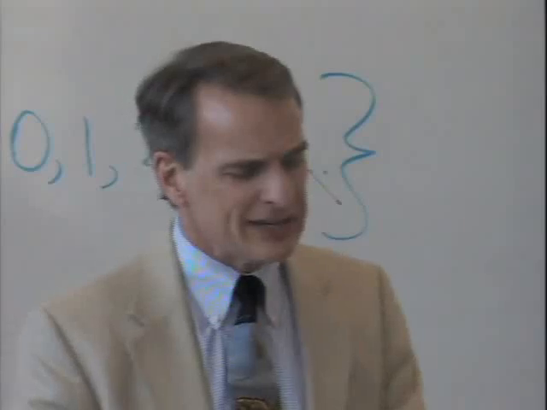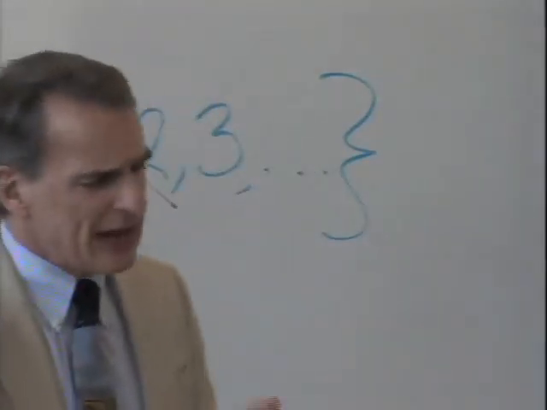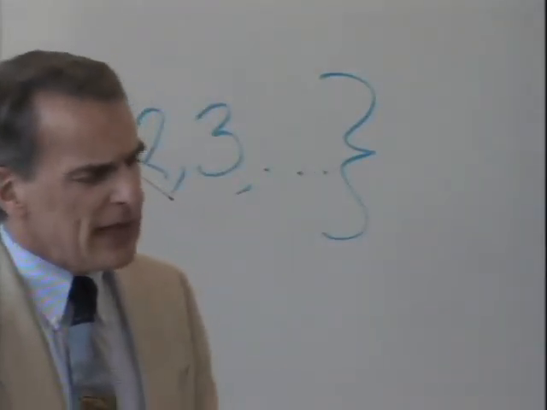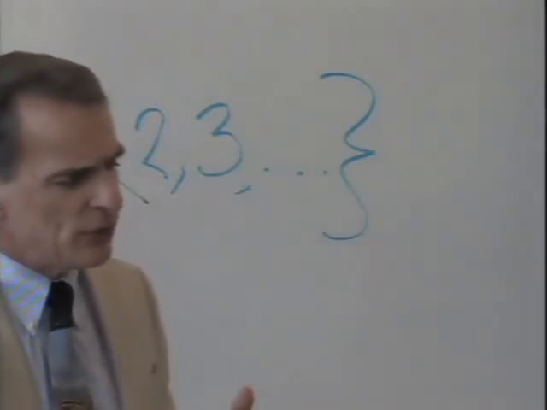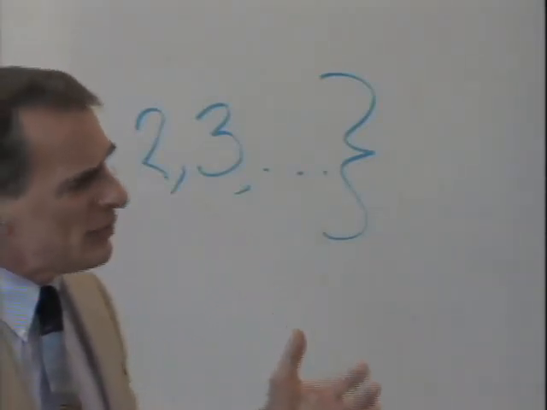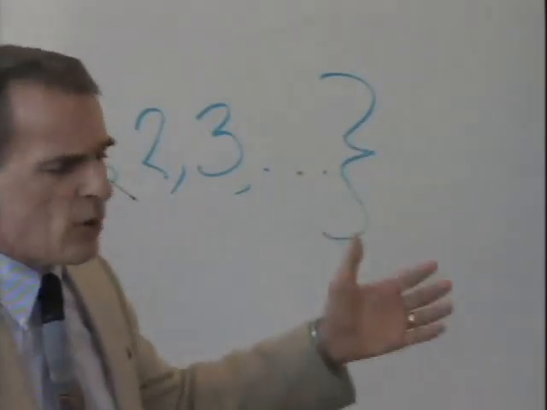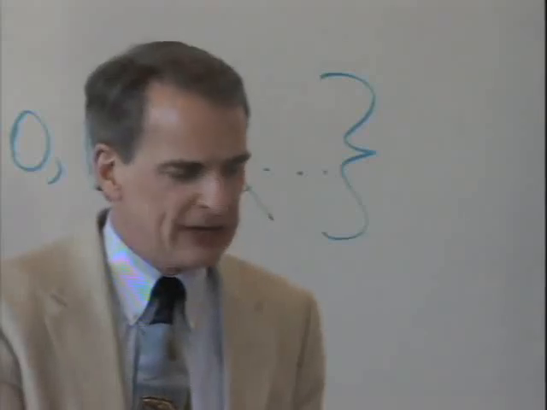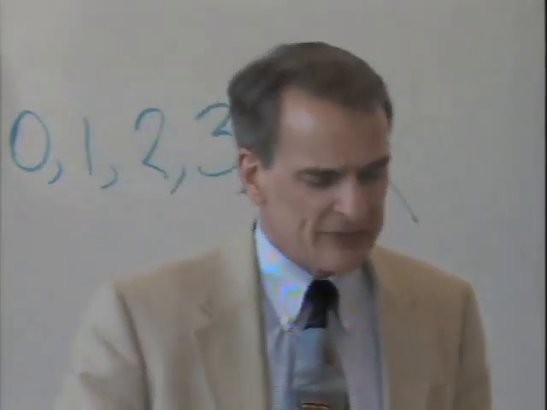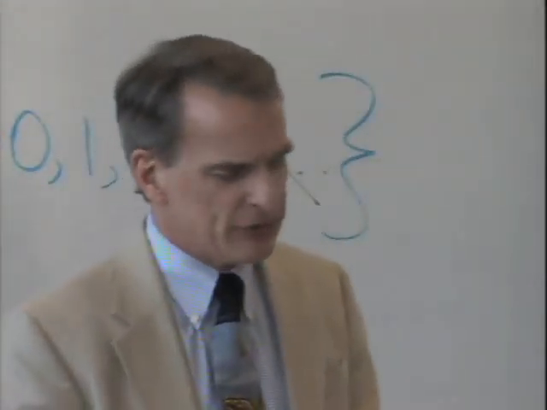For before he could count 0, he would have to count -1. And before he could count -1, he would have to count -2. And before he could count -2, he would have to count -3, and so on back to infinity. Before any number could be counted, an infinity of numbers will have to have been counted first.